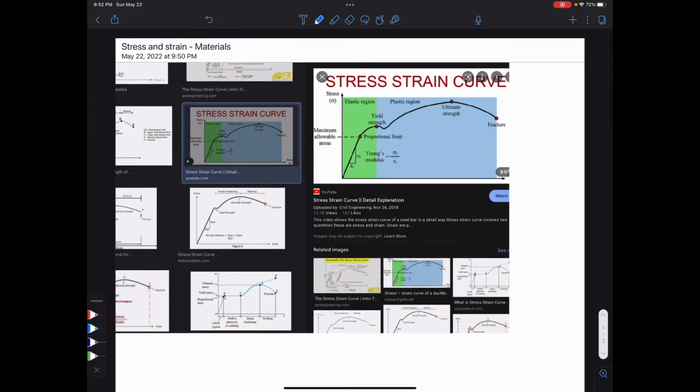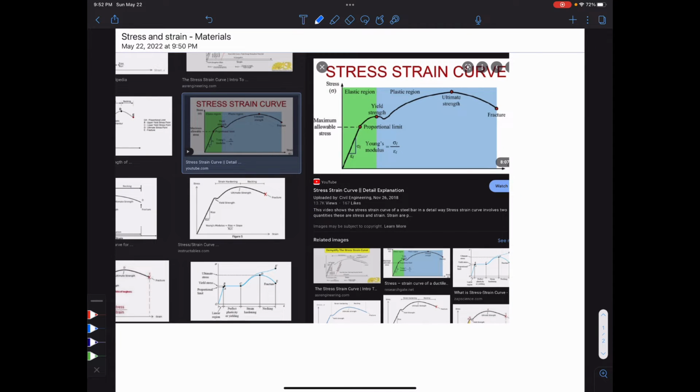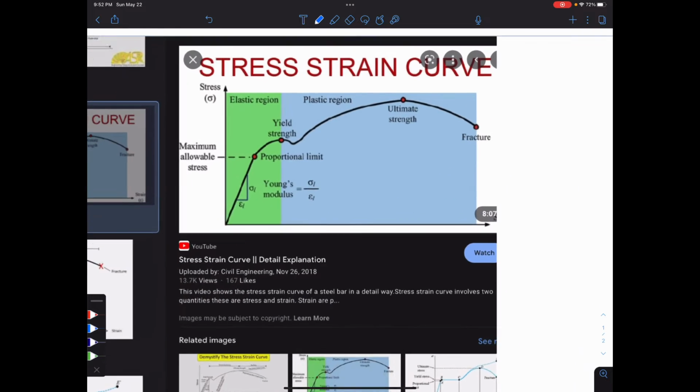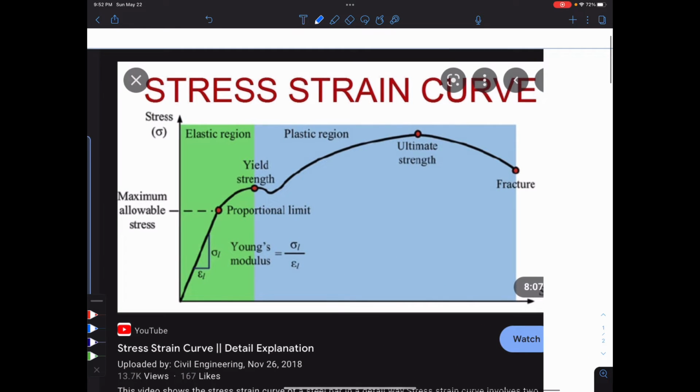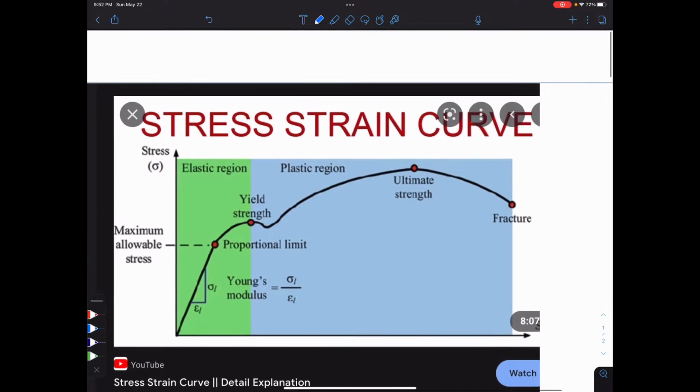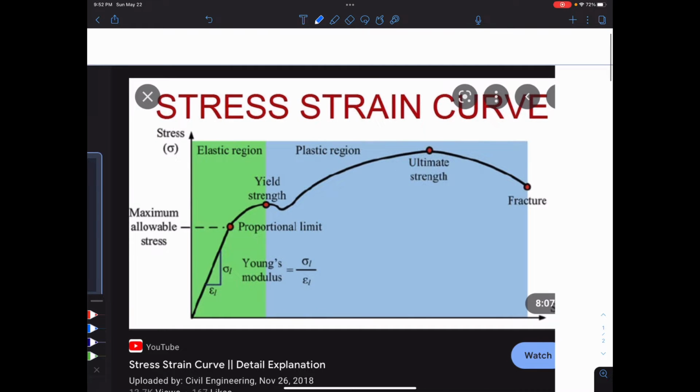This is something that you will have thought about before and not really realized that you thought about it. This curve, we're going to make sense of during the course of this discussion. Right now this doesn't mean much to you, but I'm going to help it make sense.